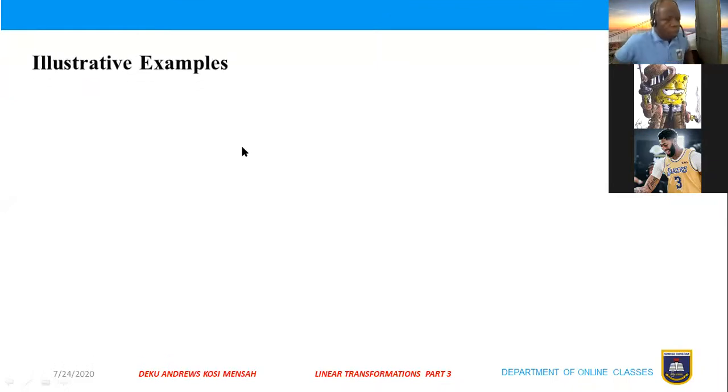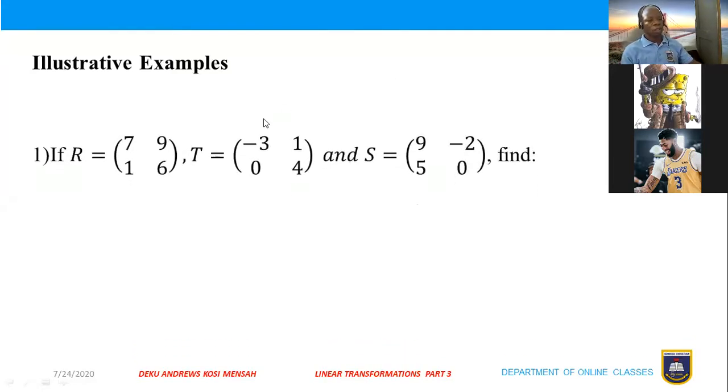We pick some illustrative examples. If R equals the matrix 7, 9, 1, 6, T equals negative 3, 1, 0, 4, and S equals 9, negative 2, 5, 0. Find A, the combined transformation SOT.